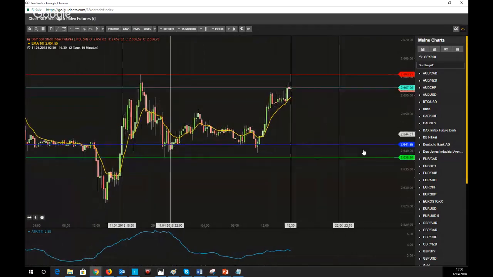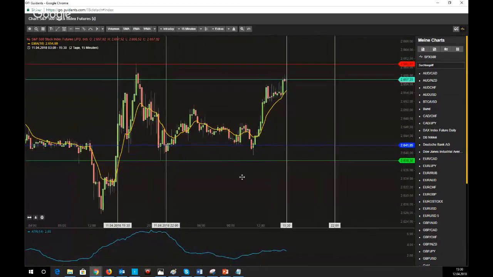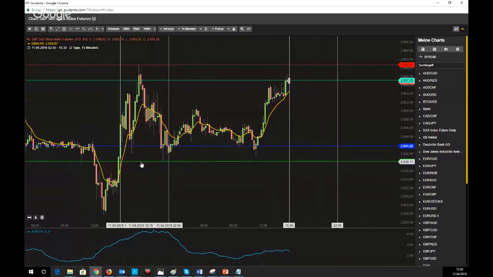So this is how I help myself out here. The green line is the low from yesterday. This is this candle. The blue line is the closing price, which can be seen here. That's the last price yesterday, at the time when we closed the trading day. Here's the daily high.